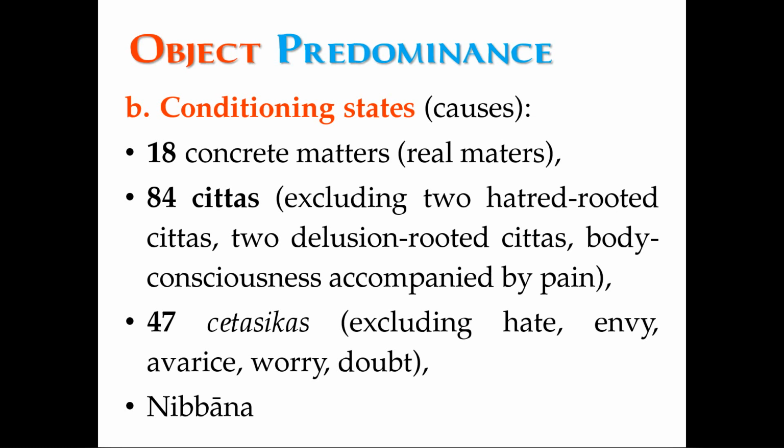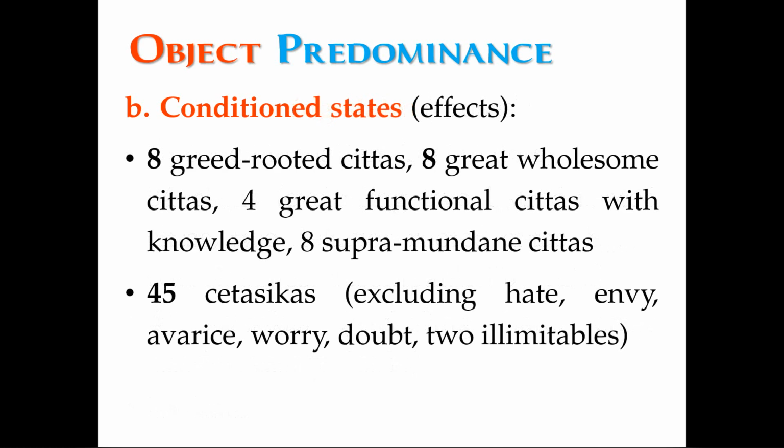So they function as the object predominance, not a normal object. It is a strongly desirable object. So that is called the causes, the conditioning state. Because of that, we have the effect.